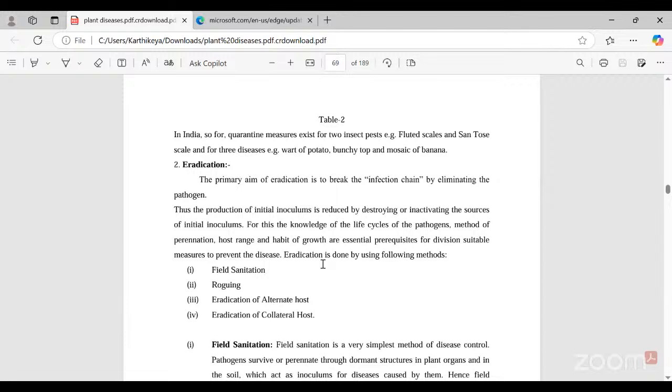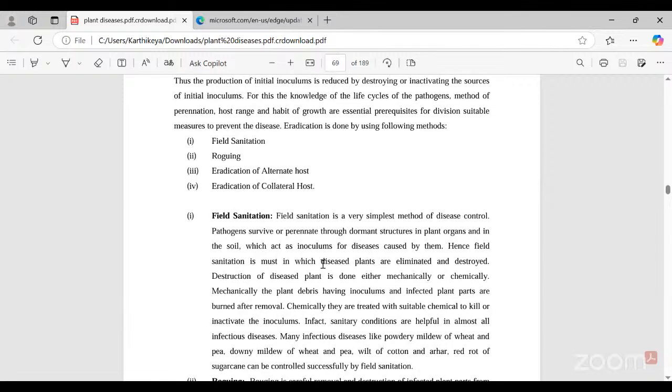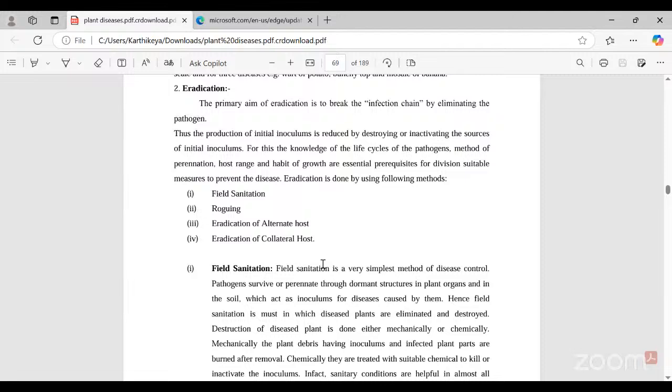Eradication. The primary aim of eradication is to break the infection chain by eliminating the pathogen. Thus, the production of initial inoculum is reduced by destroying or interrupting the source of initial inoculum.